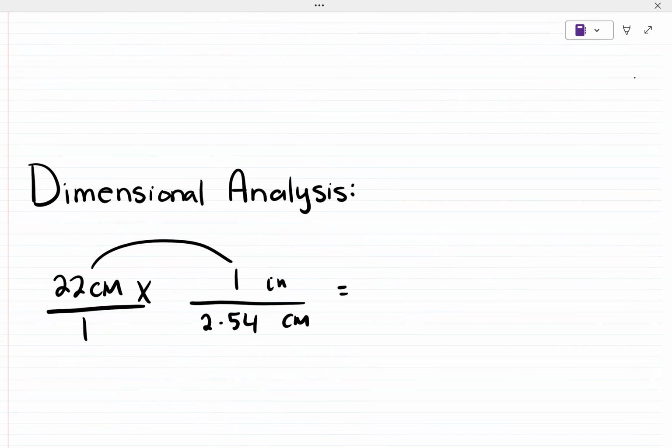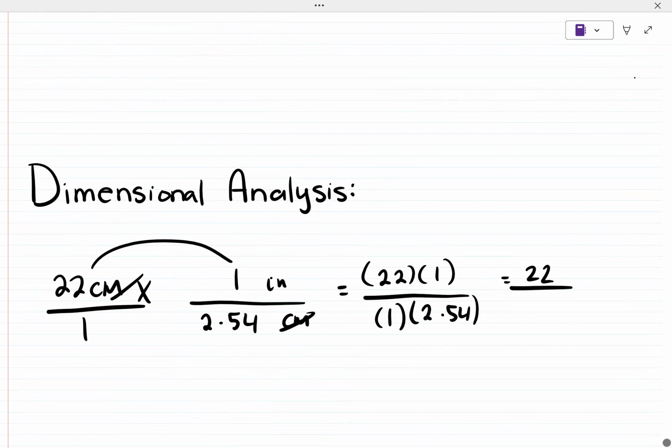Multiply across, so the centimeters disappear. On the top, it's 22 times 1, and on the bottom, it's 1 times 2.54. We get 22 over 2.54, and you get 8.6614. If you round to the nearest tenth, 6 is the tenths place, so it's rounded to 8.7 inches.